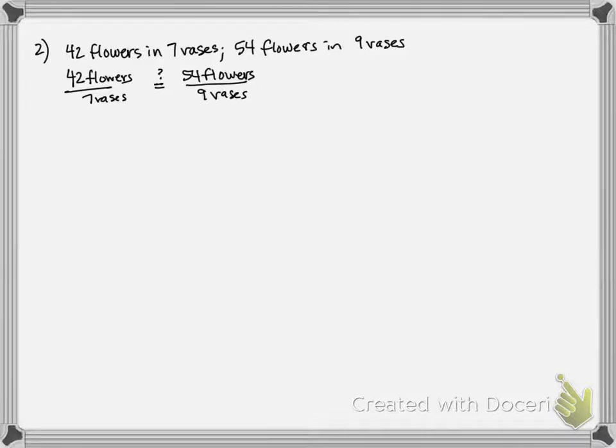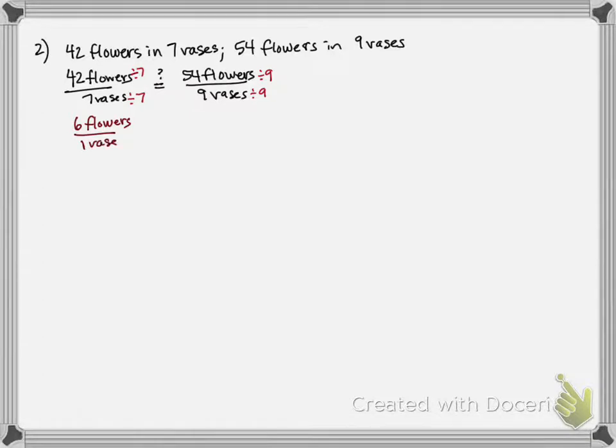So I'm going to be practicing the unit rates, because I noticed 7 goes into 42 and I know that 9 goes into 54. It really does help when you know your multiplication facts. Just kind of stuck in my head all my life. So let's see what we get. 42 divided by 7 is 6 over 1 vase.